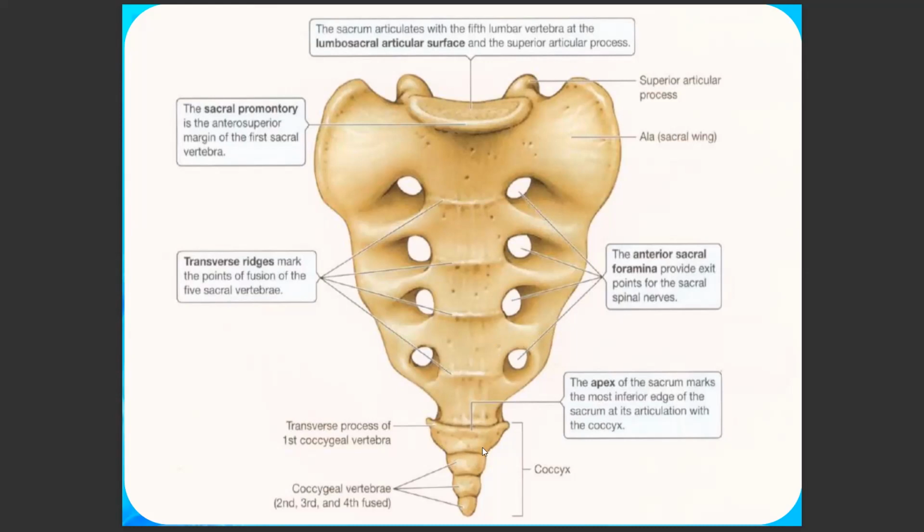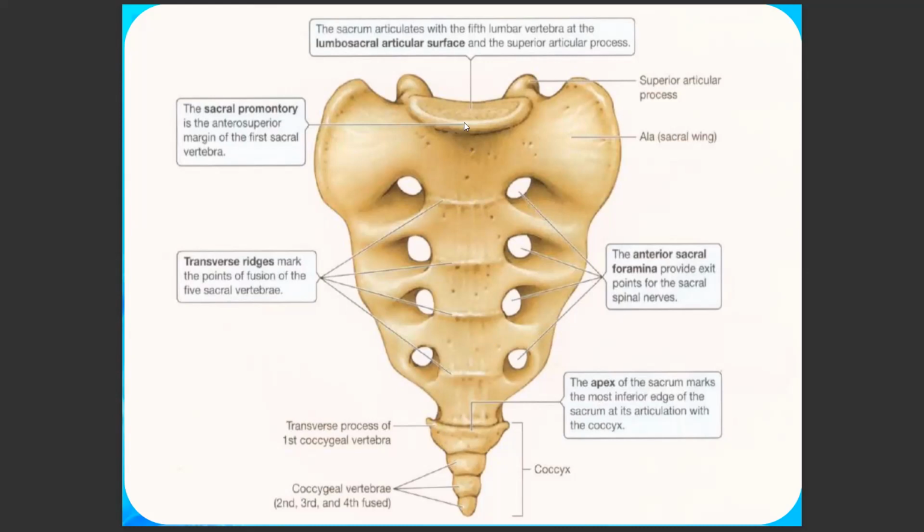This is the structure of the coccyx. There are 4 segments of the coccyx: the first, second, third, and 4th one. In some people, the coccyx is made of 3 segments as well. These small projections are known as the transverse ridges, which are the landmark between 2 segments.